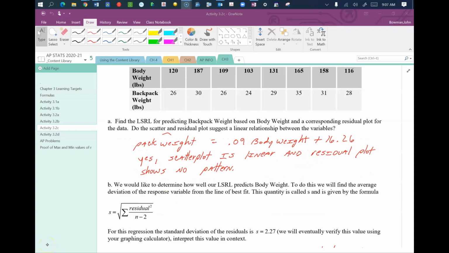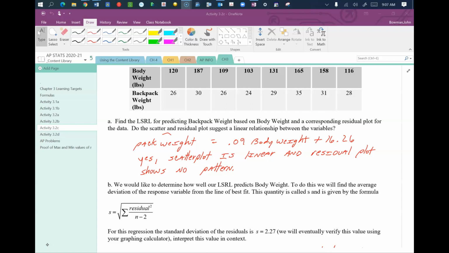If you take a look at this formula in depth, it actually tells you a lot about what S tells us. We take each of the residuals. Remember, residuals could be positive or negative. We square them, we sum them all up, and then we divide by something related to the sample size, which in this case is the sample size minus 2, and there's an explanation for that.